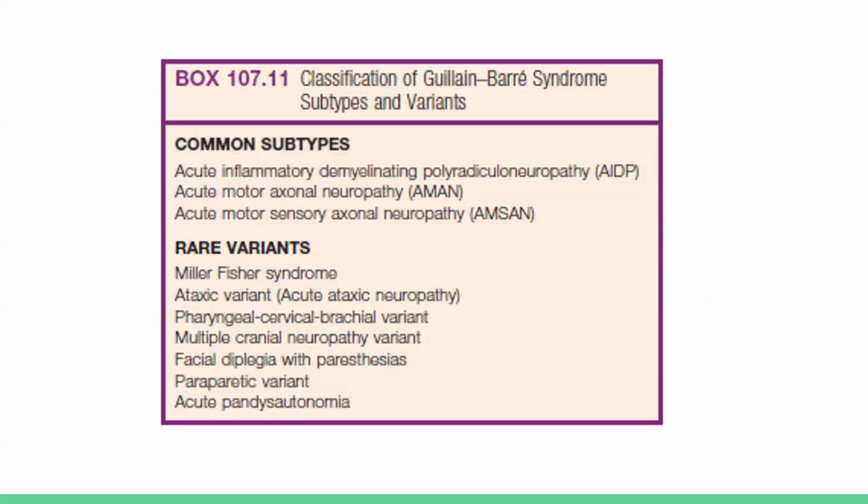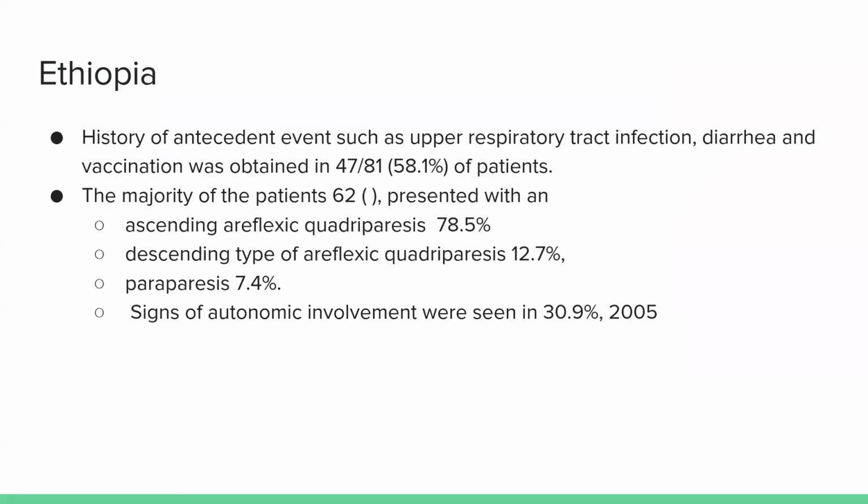The common subtypes are acute inflammatory demyelinating polyneuropathy, acute motor axonal neuropathy, and acute motor sensory axonal neuropathy. Among rare variants, you have Miller-Fisher syndrome and others. So this is what I found in the literature in Ethiopia.